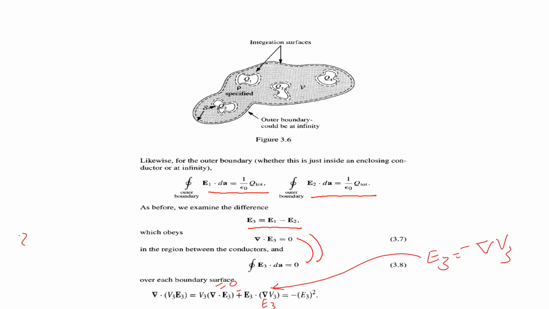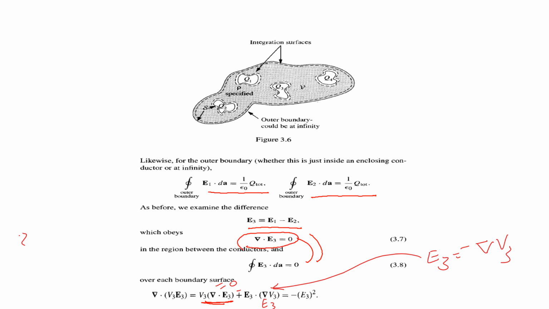Now we can write del dot V3 E3 is equal to V3 times del dot E3 plus E3 dot del V3. You can see these rules at the start of our text. Now, the first term, del dot E3, is 0, so that is gone.